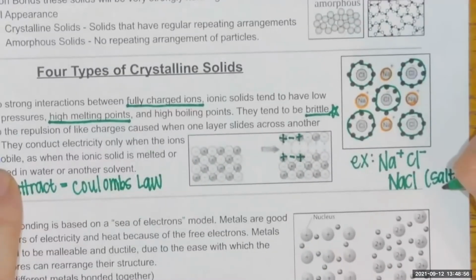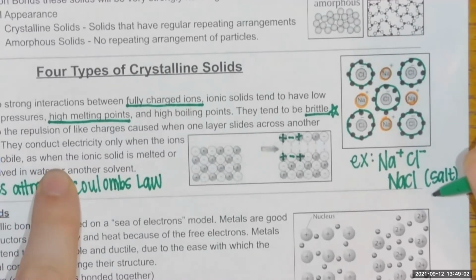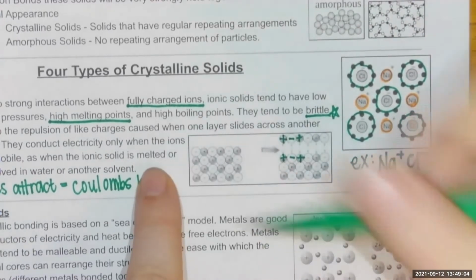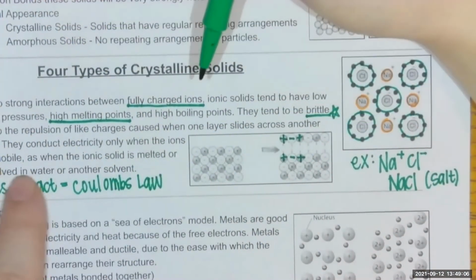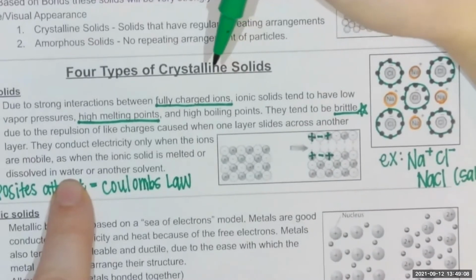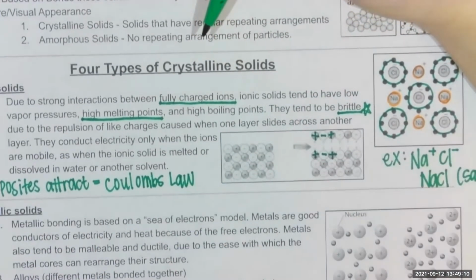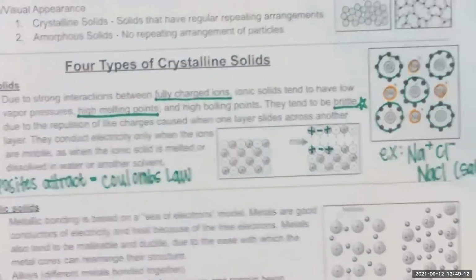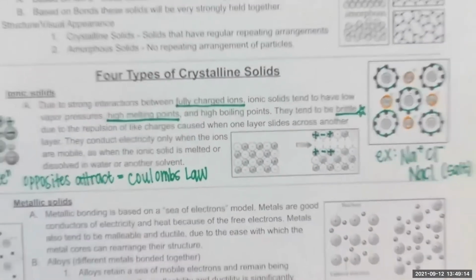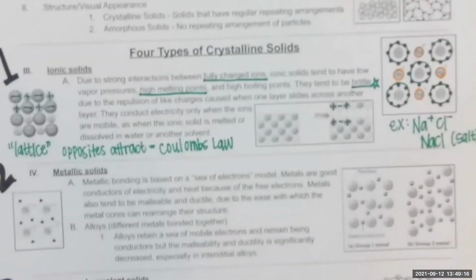So table salt on its own, sitting on the table as a solid, is not going to conduct electricity. But if we melted it, or if we dissolved it in water and the ions could move around, then it would conduct electricity.